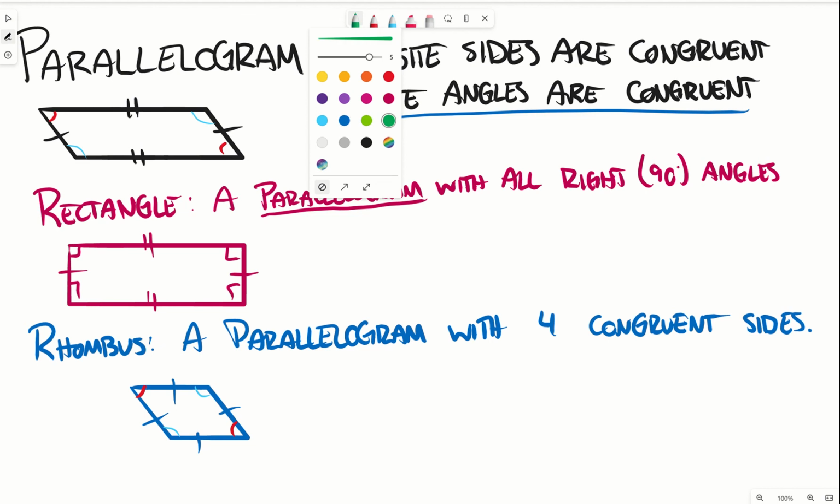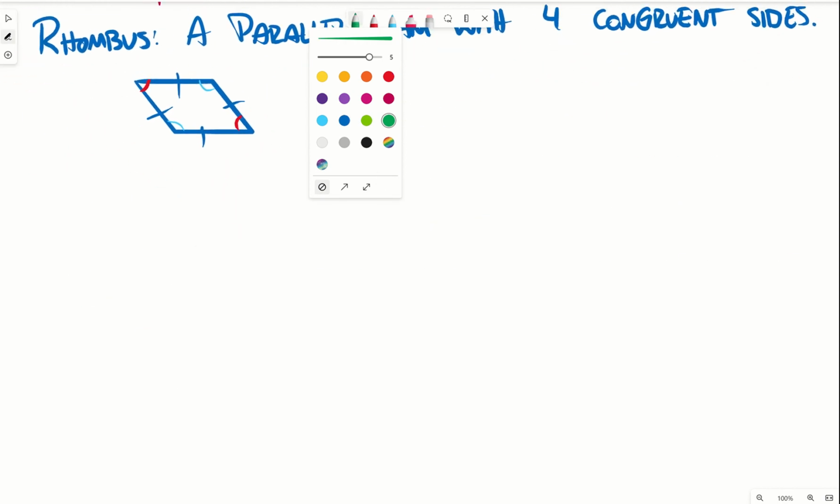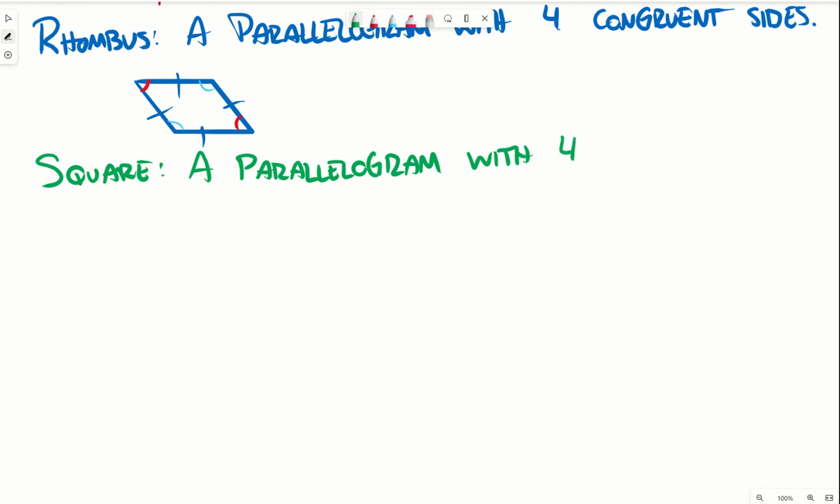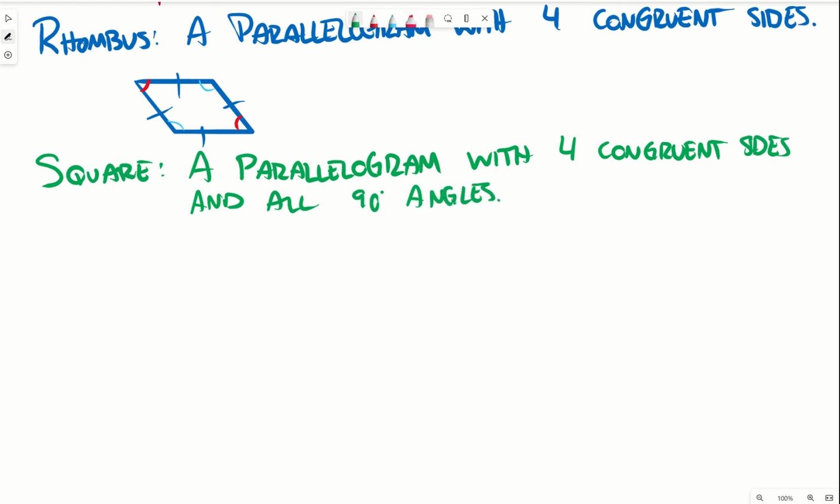Let's move on to everyone's favorite, a square. A square is a parallelogram with four congruent sides and all 90-degree angles.